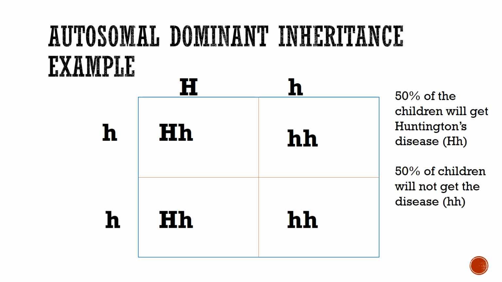However, the other two will not get Huntington's disease because it is a dominant pattern. So you need that capital H in order to have that mutation passed on to you. If the children do not have a capital H within them, then they will not develop the disease and they cannot pass it on to further children in the future.